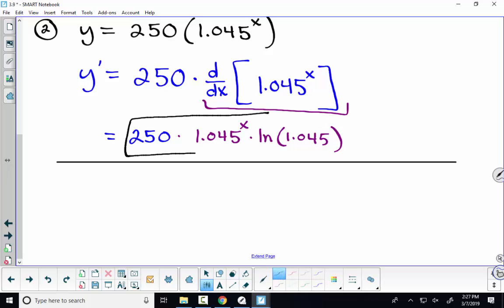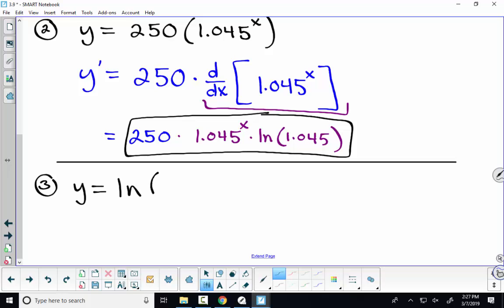They all have a slightly different flavor because there's so many ways to represent various kinds of functions. What about y equals the natural log of 10 to the x?